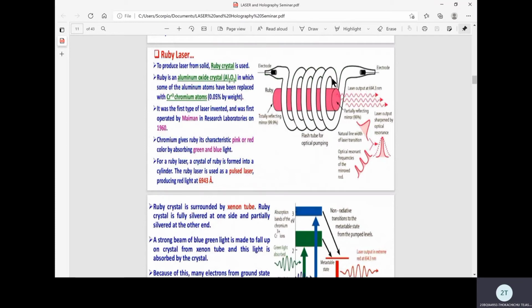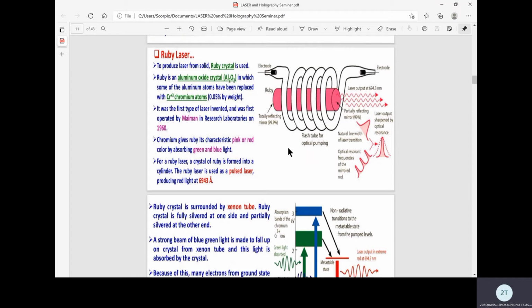So, this is the construction of this ruby laser experiment diagram. That is, we take a rectangular ruby crystal tube in a glass tube, and this glass tube is surrounded by the flash tube coil, a xenon flash tube coil to be particular, which is used for optical pumping, which we discussed before.